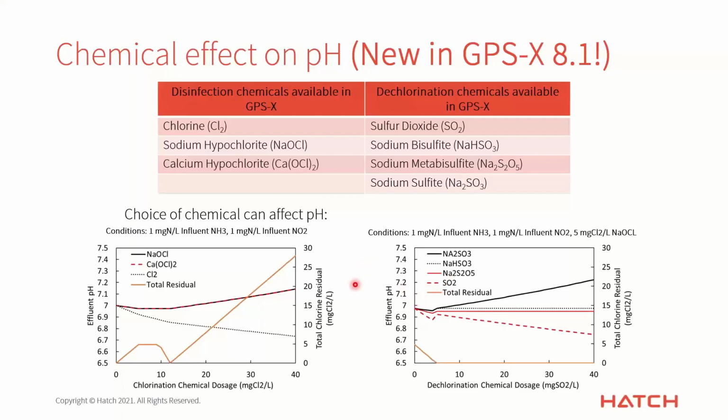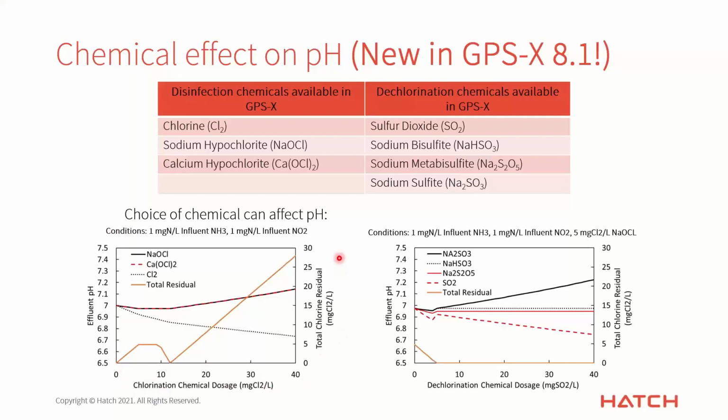All right, so moving your attention to the 2 graphs below, these are just 2 analyses that I did in GPSX using the pH estimation tool, just so that we can get a look at how the chemicals actually do affect the pH. So I'll start with this graph here. This is the chlorination graph. On this y-axis here, we have the effluent pH. On the x-axis, we have the chlorination chemical dosage.